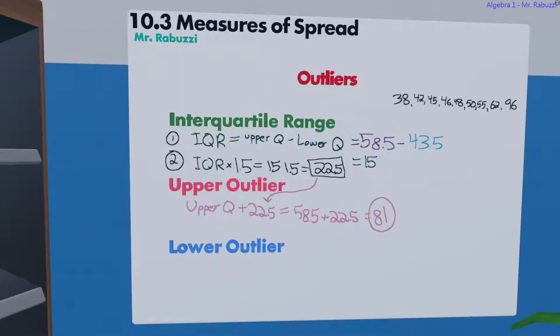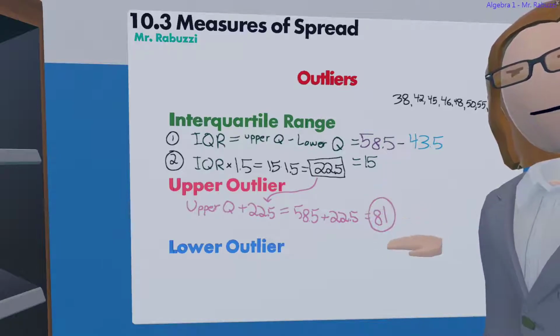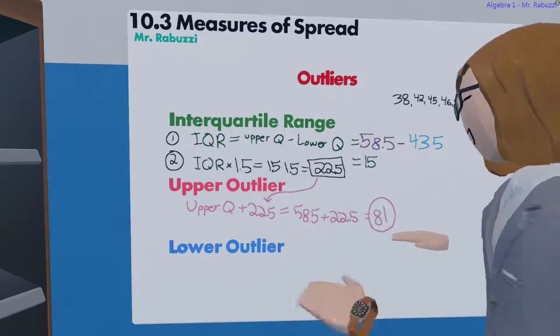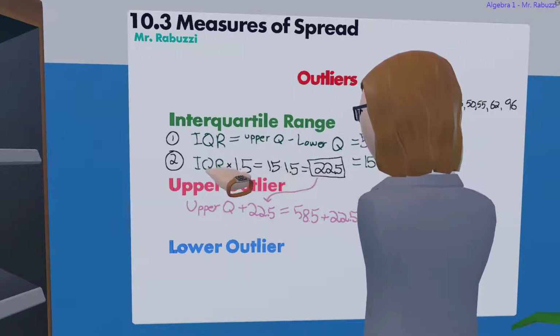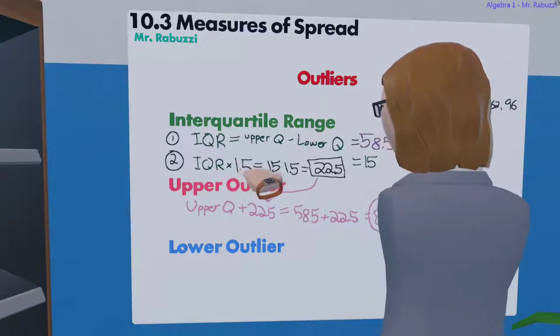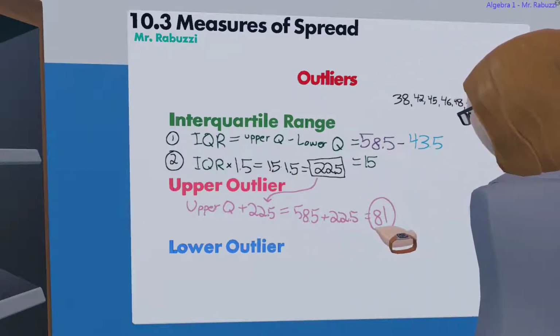Okay. Now we want to look, do we have any outliers that are numbers bigger than this in our data? So this is our check number. Upper quartile plus the answer to this part, IQR times 1.5. If you add those two together, this is your checking number.